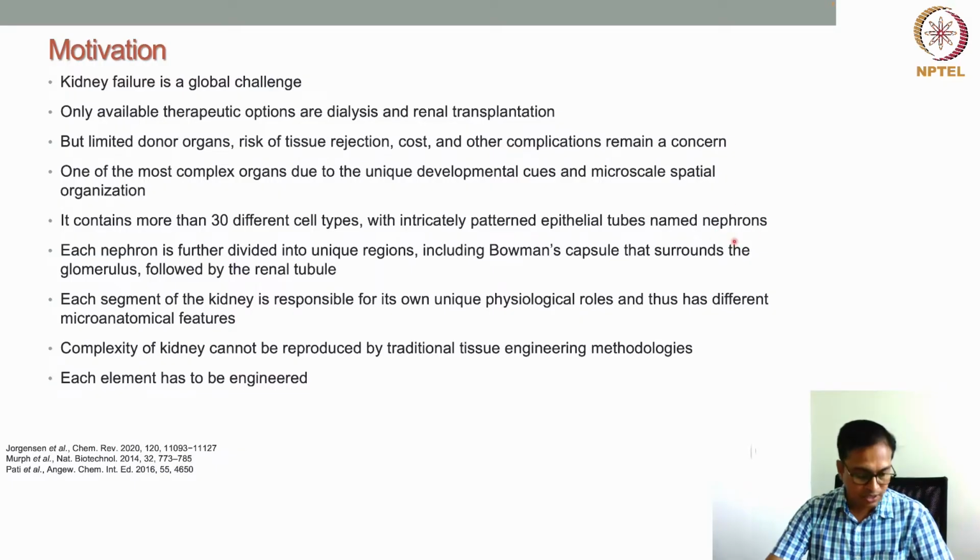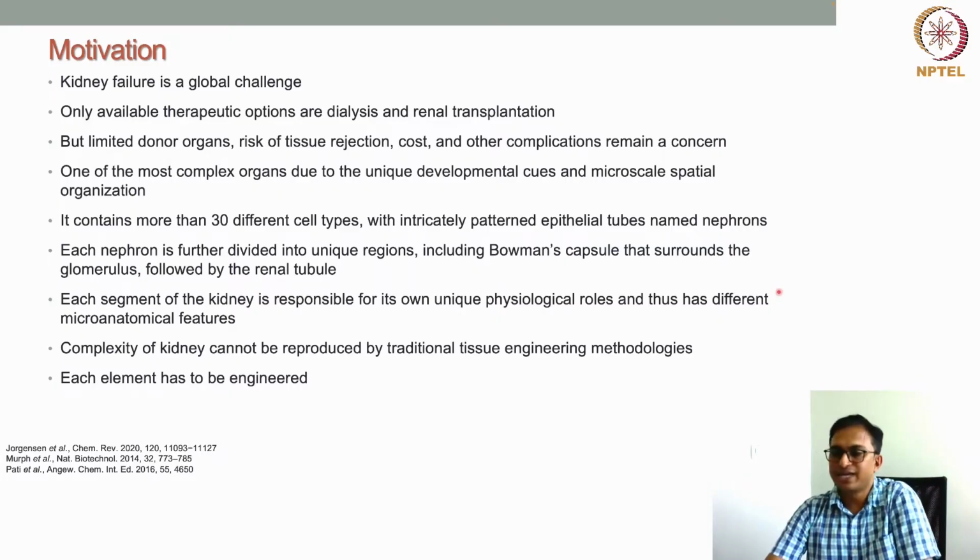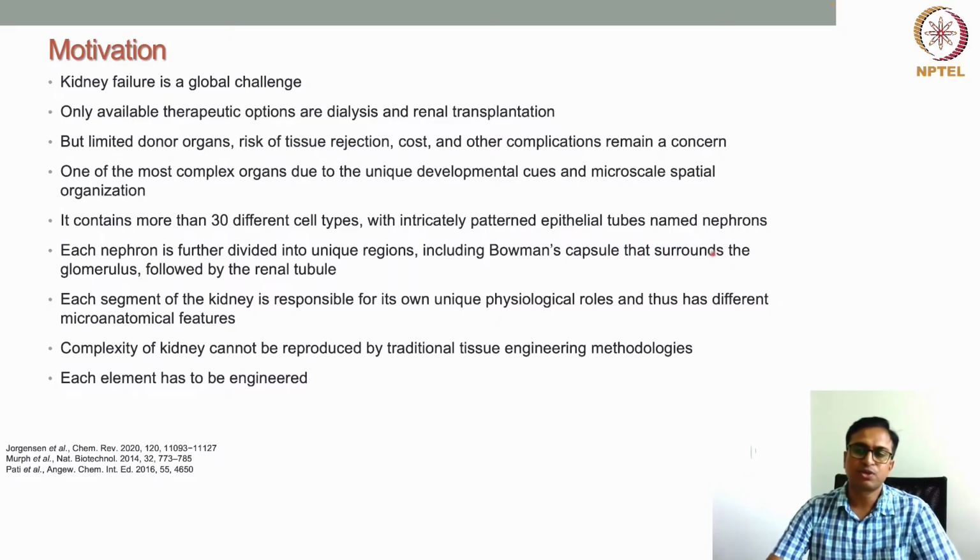So recreating the nephron structure is very important for this job. As I mentioned, the first structure present in the nephron is the glomerulus, then there are the ascending loop, descending loop, Henle's loop, and all these structures are present.